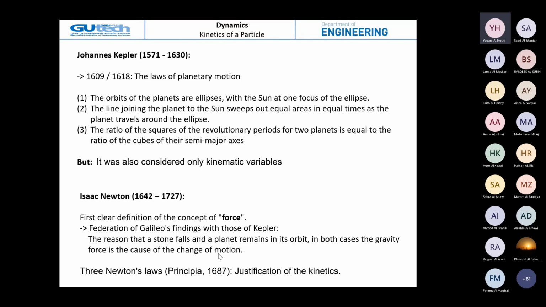And there are Newton's three laws, the Principia, the justification of the kinetics. There is the kinematics, the motion, acceleration, velocity, and so on, but there is no explanation behind this. Newton came and explained this by what we call the three laws: the first law, the second law, and the third one.